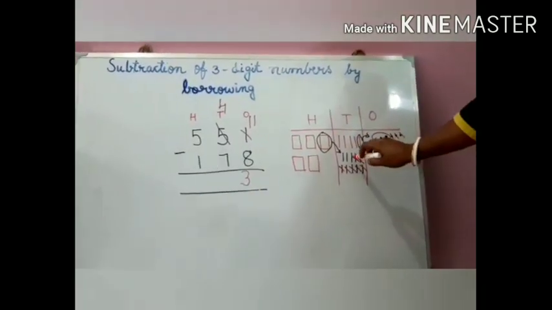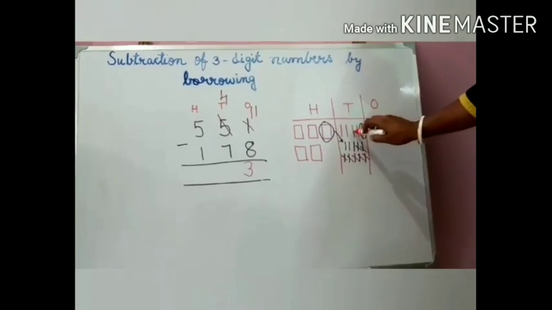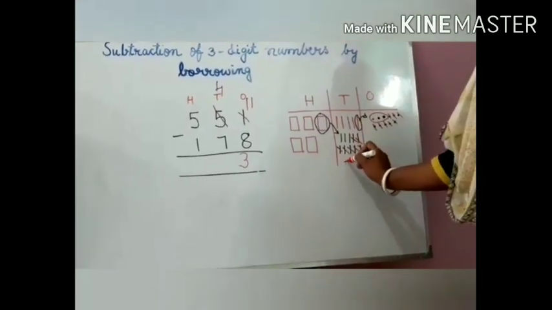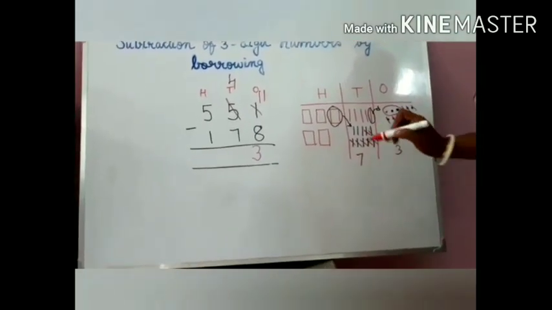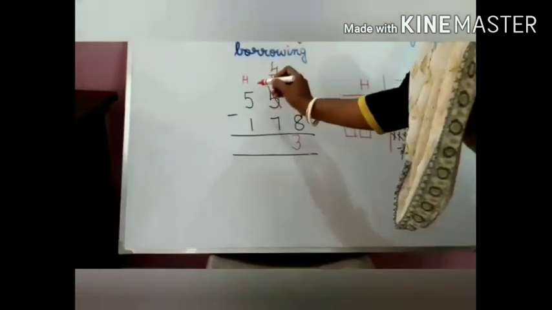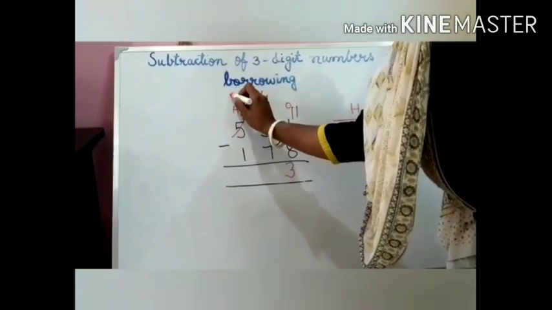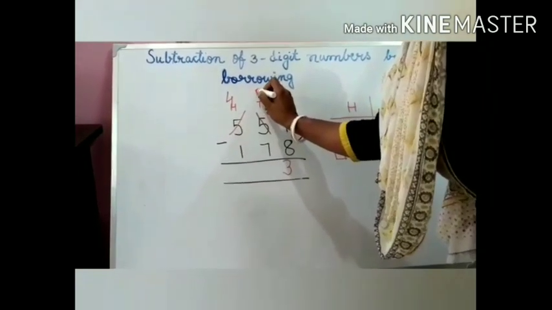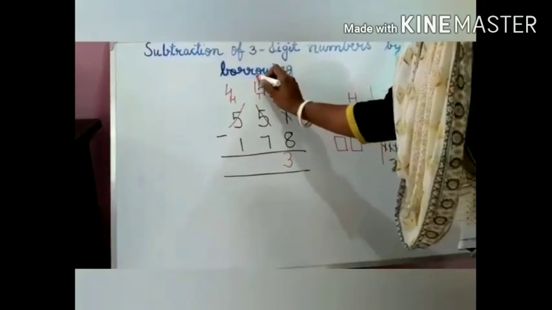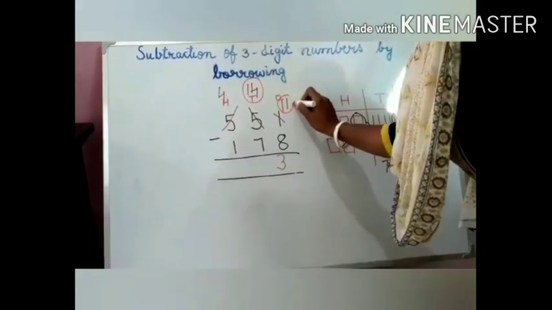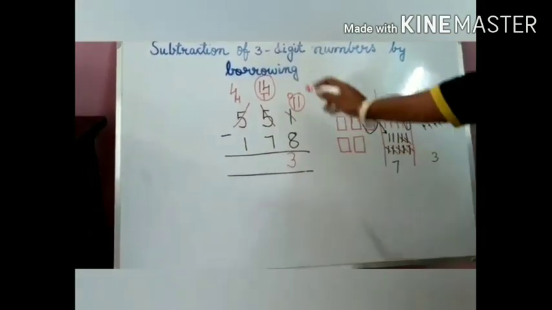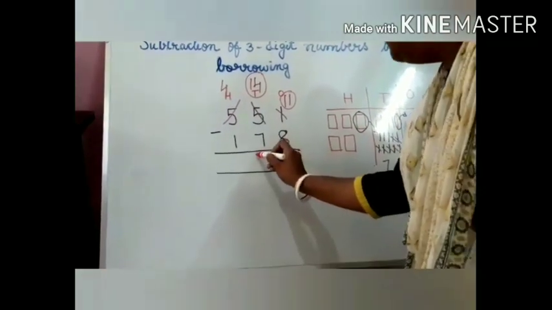So how much remains? 7 remains. Here it was 3. The same thing here: from 500, if I take away 100, 400 remains, and this becomes 14. From 14, if I take away 7, 7 remains.